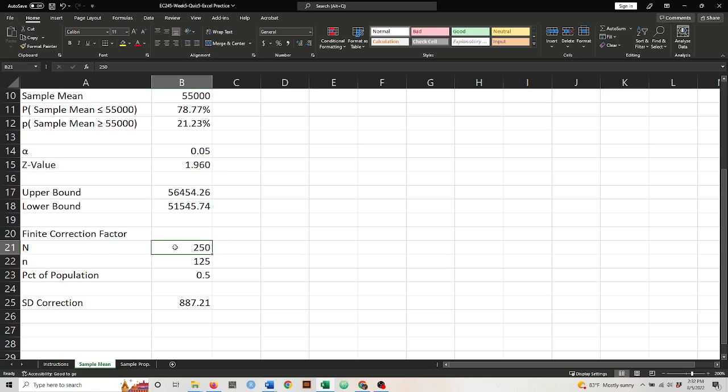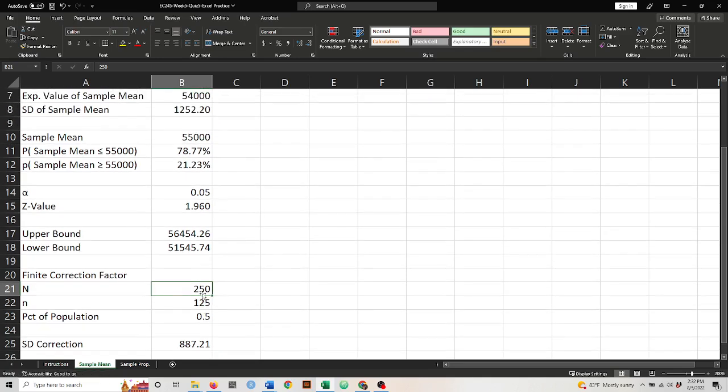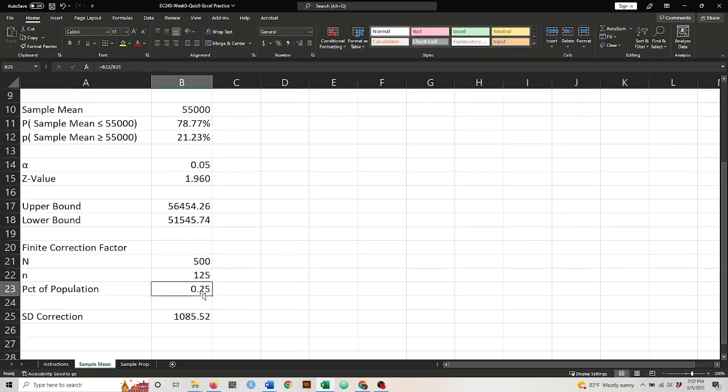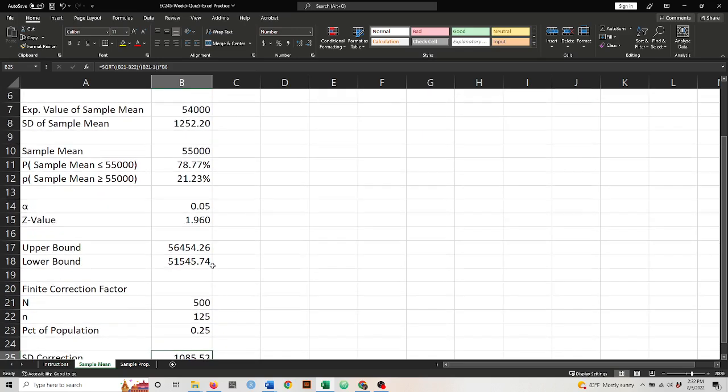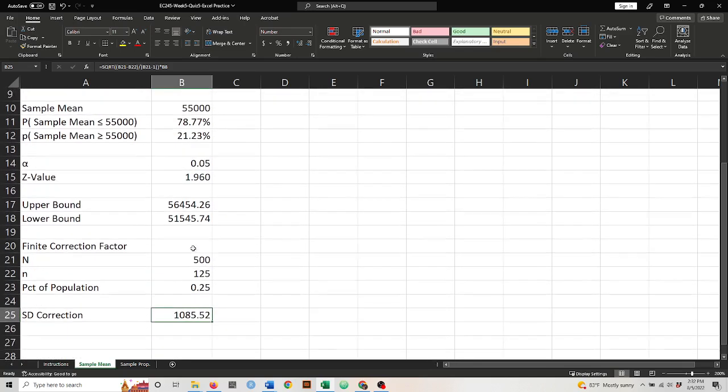So if that population was actually quite a bit smaller, the overall population size, we sample 50%. Here's what our standard deviation is that we would want to use in this particular case. Okay, we could even change this to 500, I think. So we're still taking 25% of the population. And we're still going to make a little bit of a correction here from the 1200, just assuming that we had a normal sample. Okay.